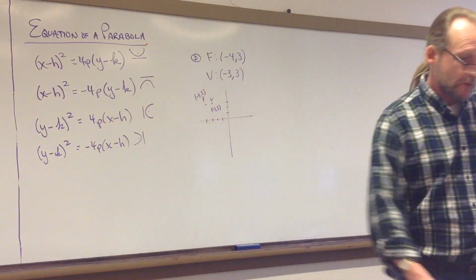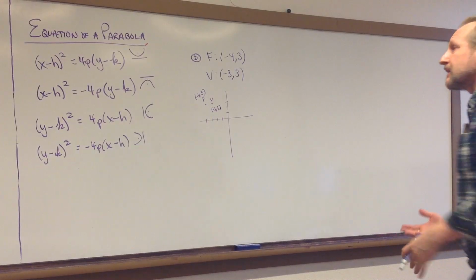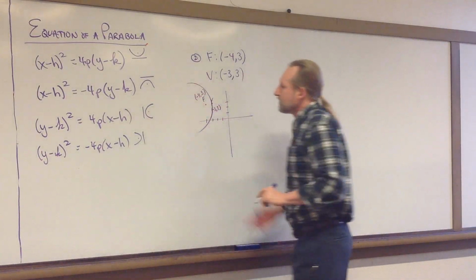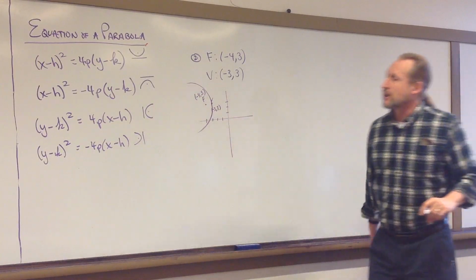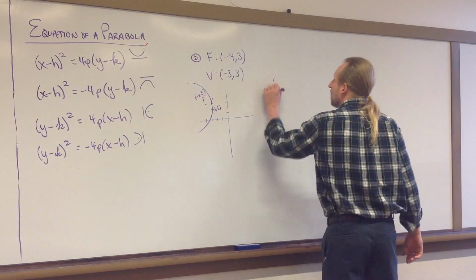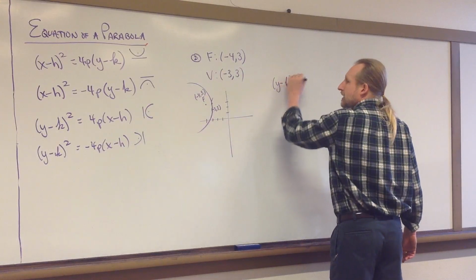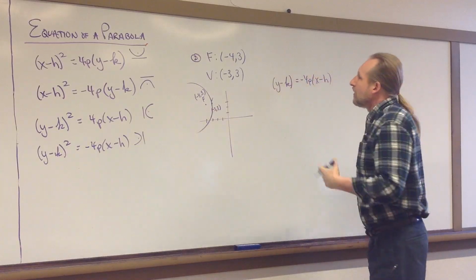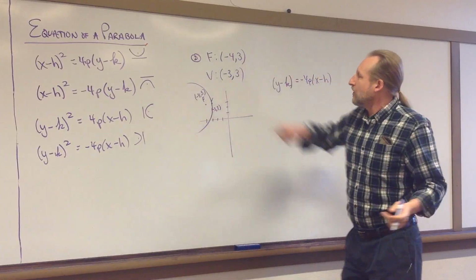Remember the focus is always inside the parabola. That means this parabola is opening up to the left. That's going to match it up with this one right here: (y - k) squared equals -4p times (x - h). Well, we already know h and k because we know the vertex.